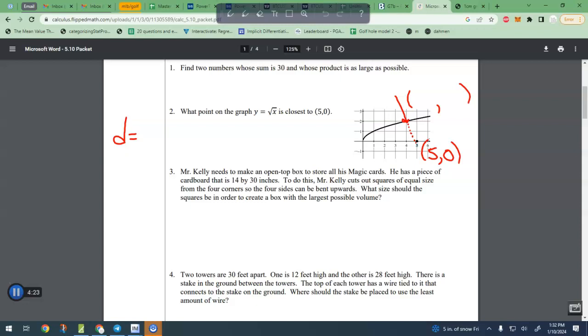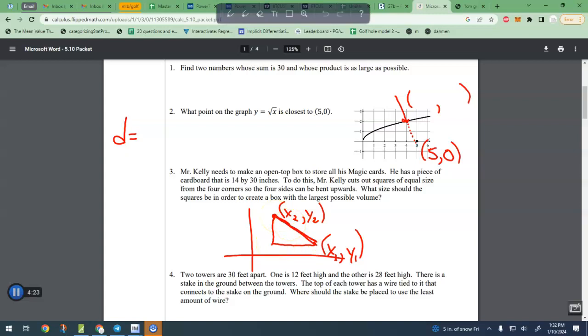So, should I explain it or just tell you the formula? Explain it. Okay. So if I have this as (x1, y1) and this as (x2, y2), this would be the distance between them, right?